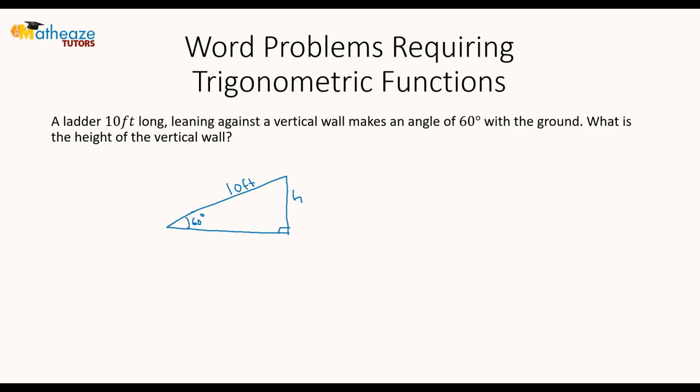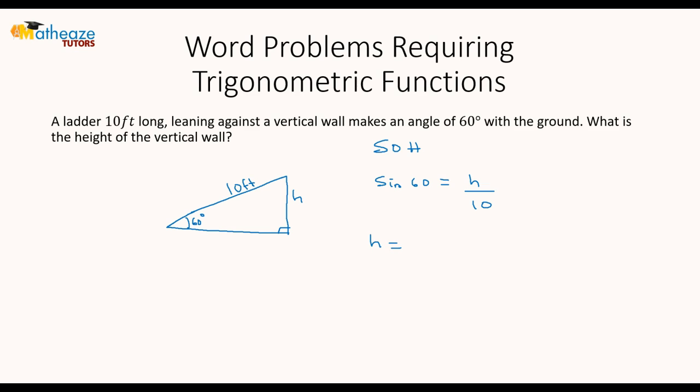So next thing we're going to do is look at which of our trigonometric functions will be the best to get the value of h. So we have the opposite side to the angle and we have the hypotenuse. So we have sine of 60 degrees is the opposite side to the angle, which is h over 10.